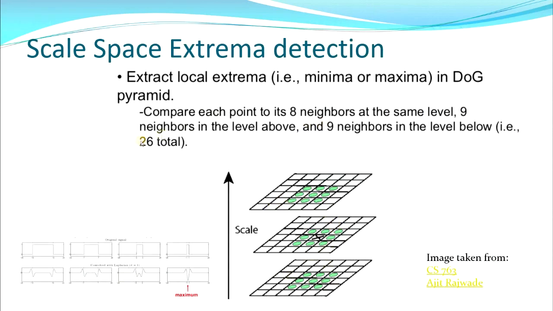Like this, I get 26 points, and I will see whether this pixel is the minimum of all these 26 points, or the maxima of all these 26 points. Those are the points I have to detect, which are maximum or minimum in their surrounding neighbors. That is my task. This is what we call scale space extrema detection.